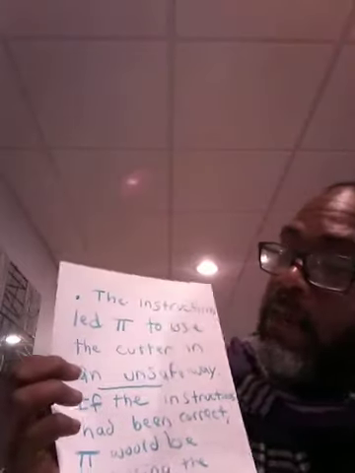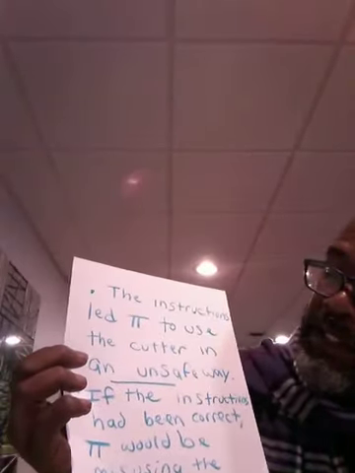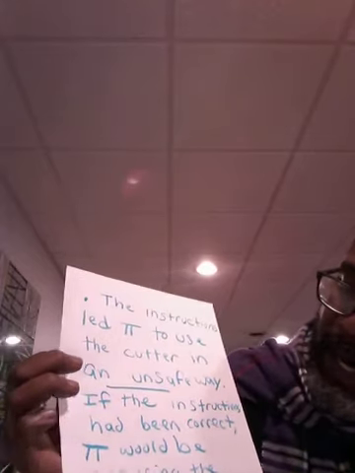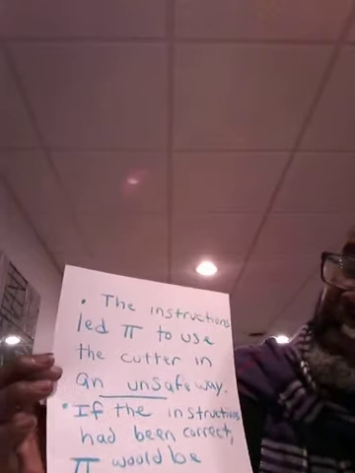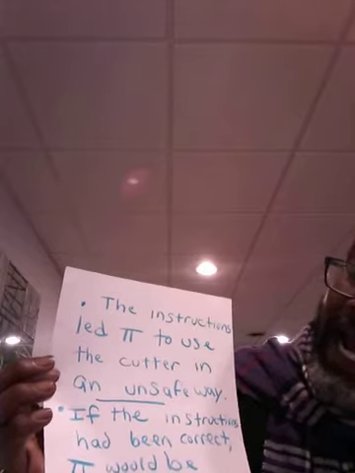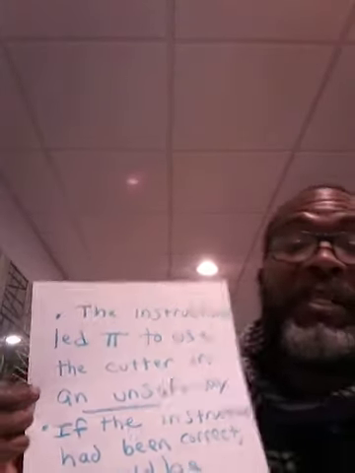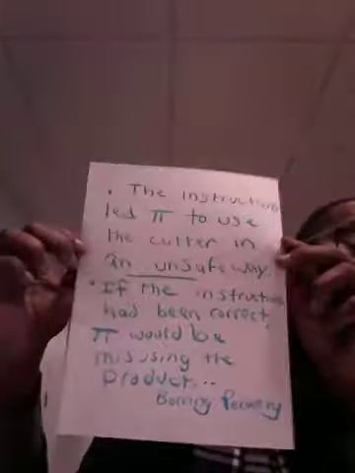So in the case where the instructions led plaintiff to use the cutter in an unsafe way, if the instructions had been correct, plaintiff would have been misusing the product, and that would have been product misuse, and that would have barred them from recovering.